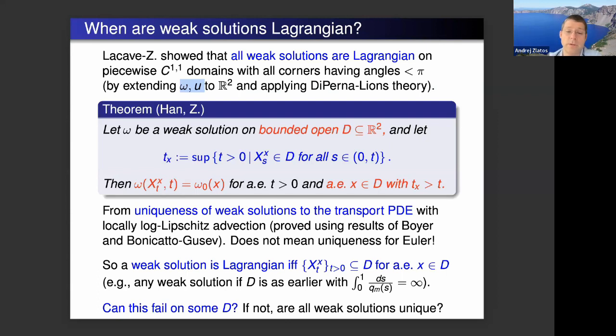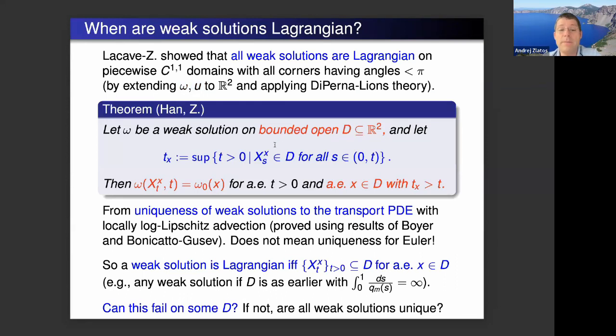And so it turns out you can use these results. The uniqueness of weak solutions to the transport equation doesn't give you uniqueness of the weak solution to the Euler equation, but it does give you that all such weak solutions to the Euler equation have to be Lagrangian, as long as the particle trajectories don't hit the boundary.